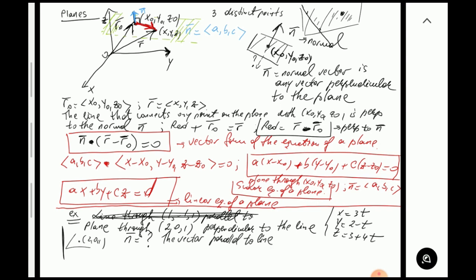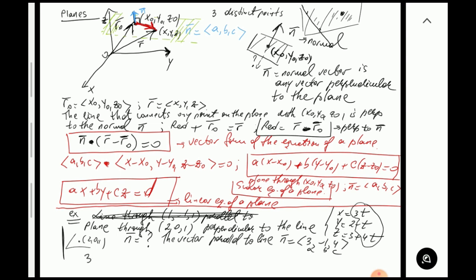Any vector on that line can be used as the normal. What's the quick way to extract the parallel vector to the line? I'm looking at the coefficients of t in the parametric equations. Those are 3, minus 1, and 4. So I can use that as the normal to the equation of the plane.